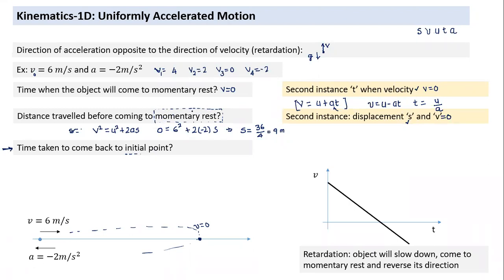It's only at one instant v equal to 0. No, rest has a special meaning. What does rest mean? Velocity is 0. So that's why I said velocity is 0.